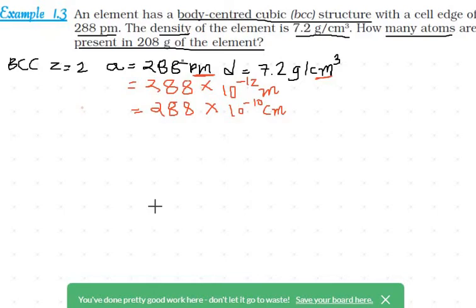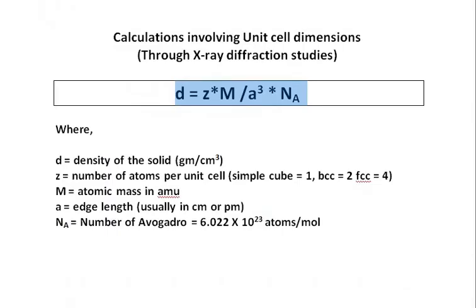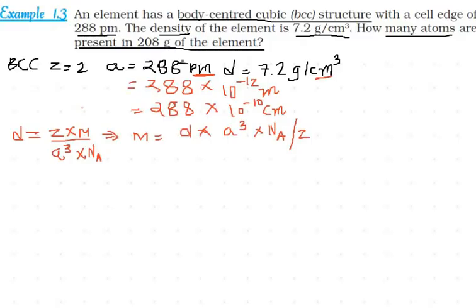Now look at the formula. It says small d is equal to z into M divided by a cube into Na. So let me write this on board. So I have copied this formula on the board. D is equal to z into M divided by a whole cube into Na.